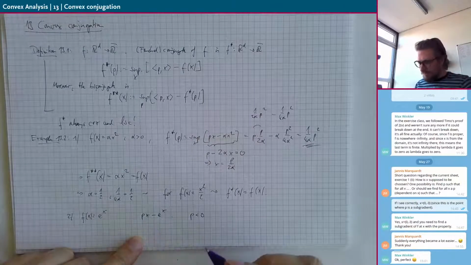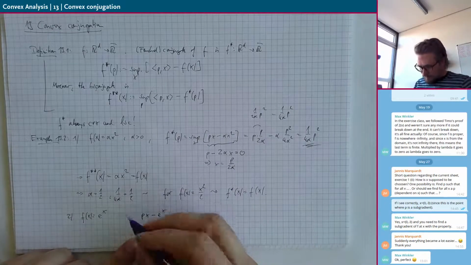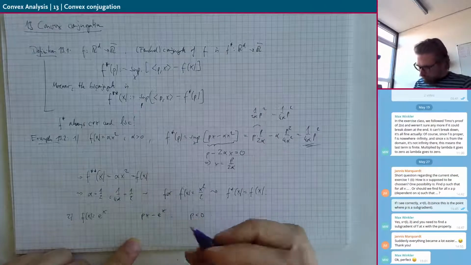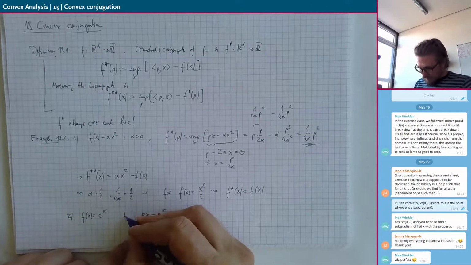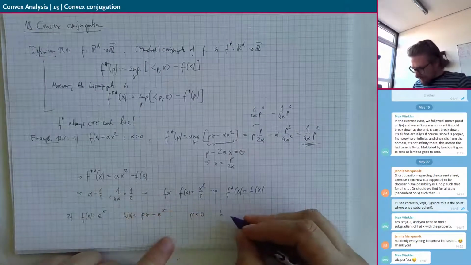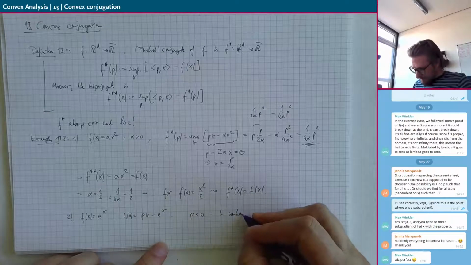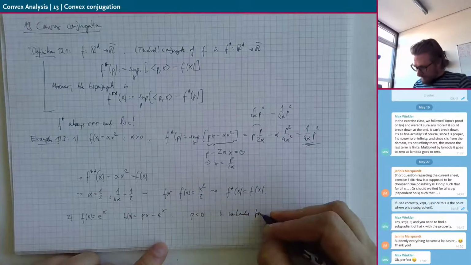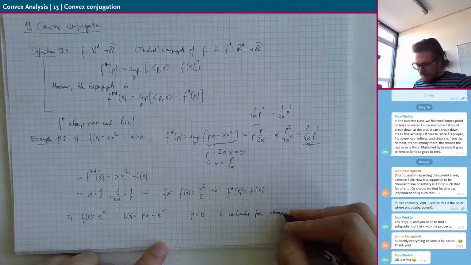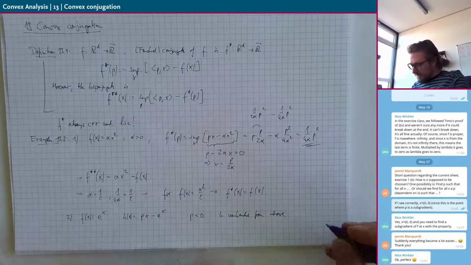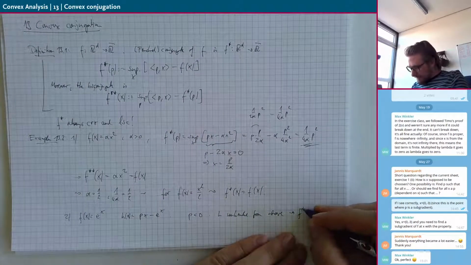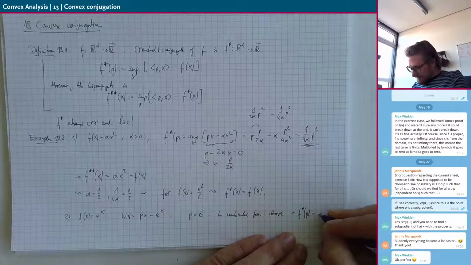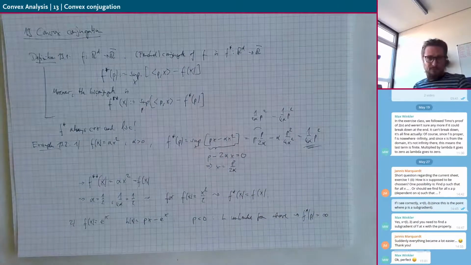So let's call this thing h of x. Then h is unbounded from above. It goes to plus infinity if x goes to negative infinity. So this shows us already that f star of p is plus infinity for p negative.